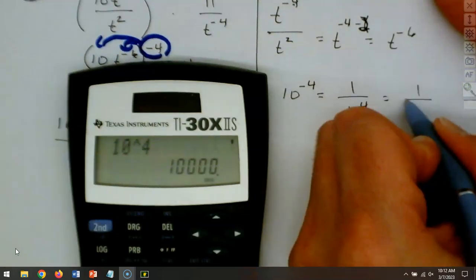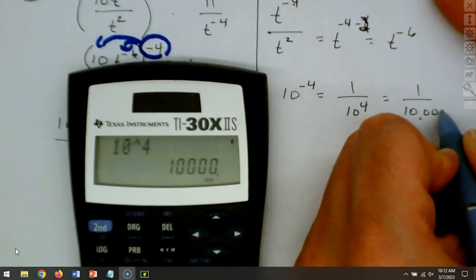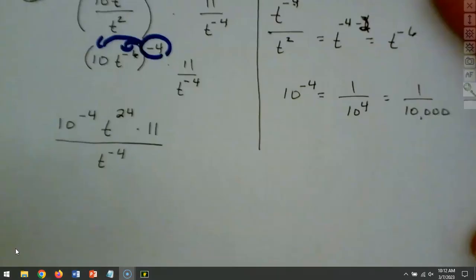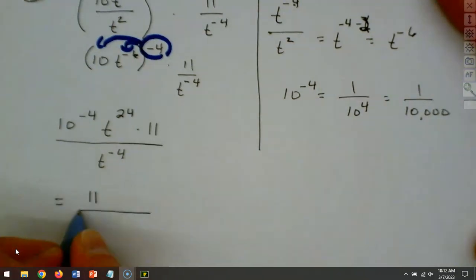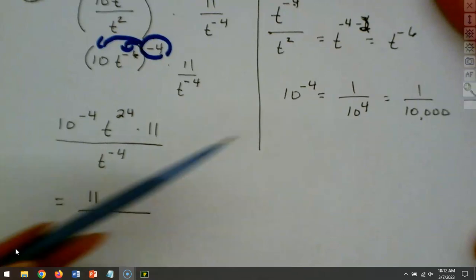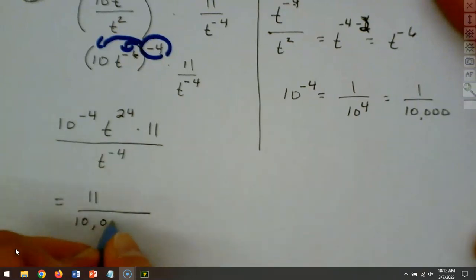So that becomes 1 over 10,000. It's just a matter of working through the pieces a little bit at a time. Now, we still have the 11, so that's going to stay, and then we have the 10,000 down below.